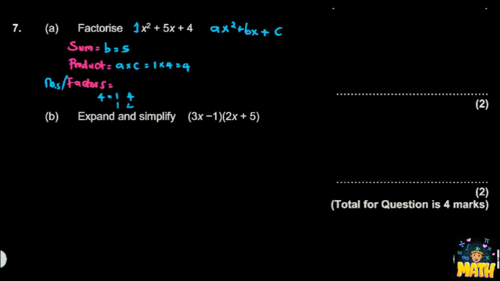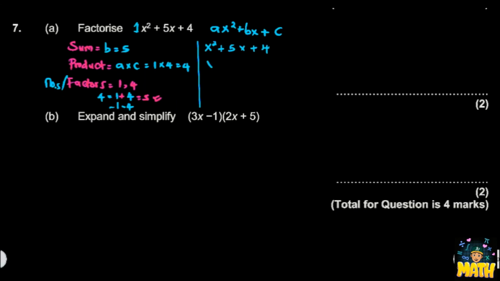Our product is positive, so the options are either both numbers are positive or both numbers are negative. In our case, we add the two, and then we get one that is already an option that we can consider right there. So 1 and 4 are the factors that we are looking for.